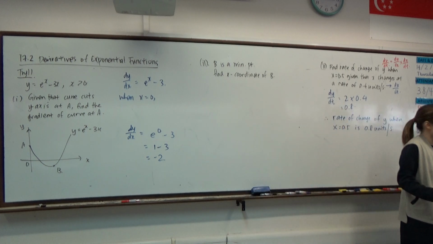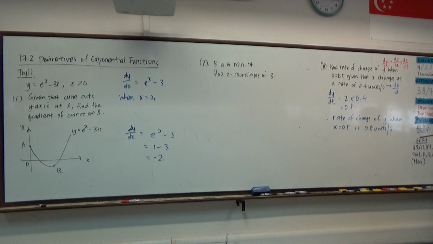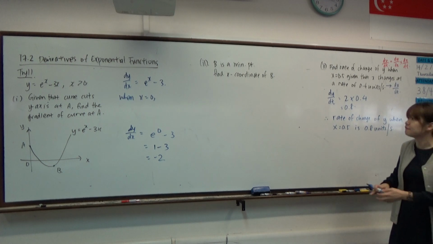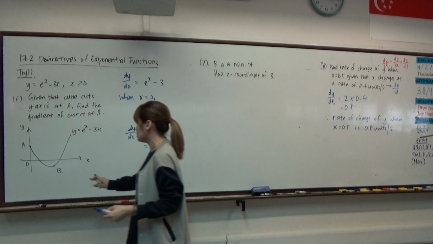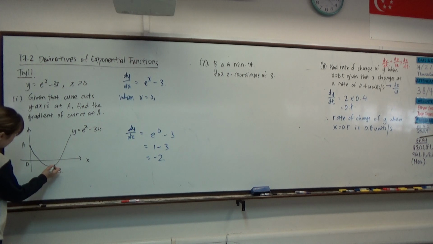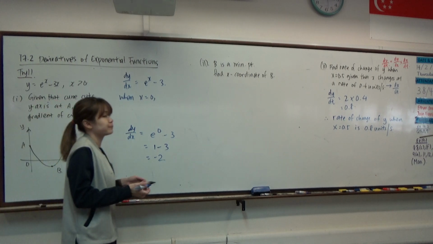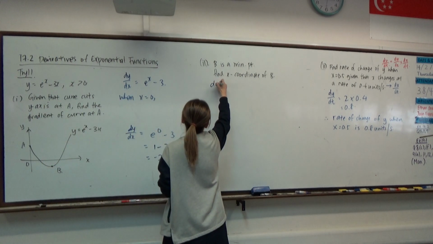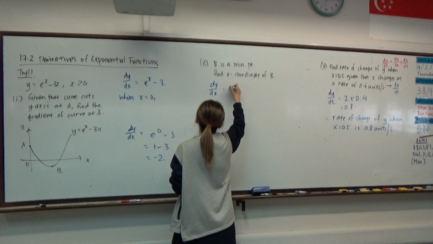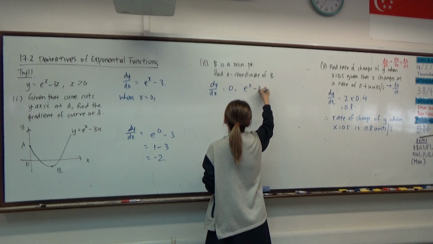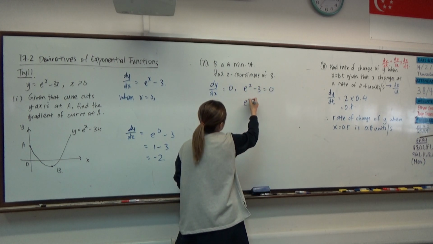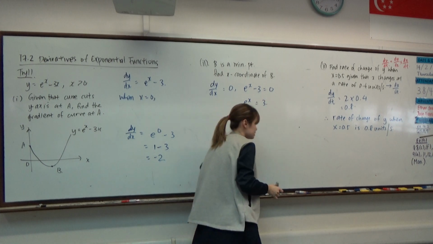Okay. Next part 2, given that B is a minimum point, find the x coordinate of B. If it's a minimum point, what does that mean? Your derivative equals 0. So are we going to use logarithms?